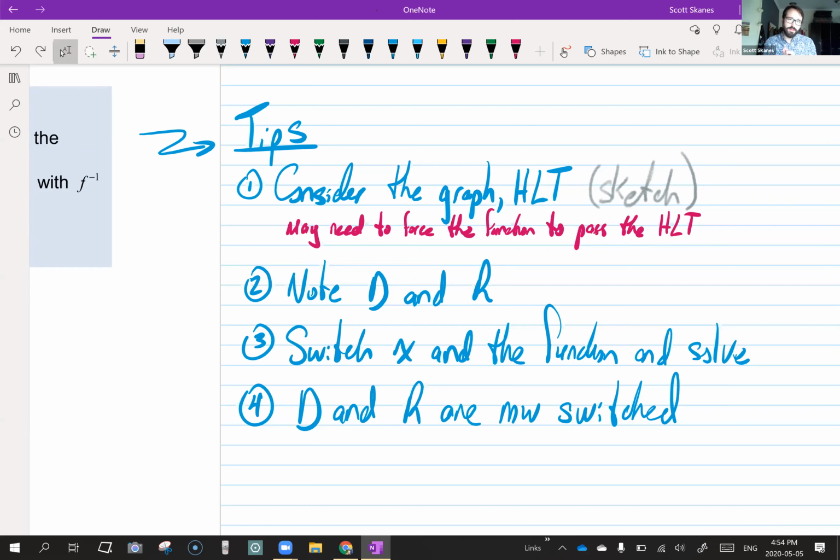Is there anything weird about this function we need to be aware of? The third step, which is actually the most important step, is you switch x with y, or switch x with the function, which is the same thing as calling it y, and then solve for the function again. You'll see what I mean in a second. And then in 4, you just need to know that domain and range are now switched. All right, is that fairly clear?